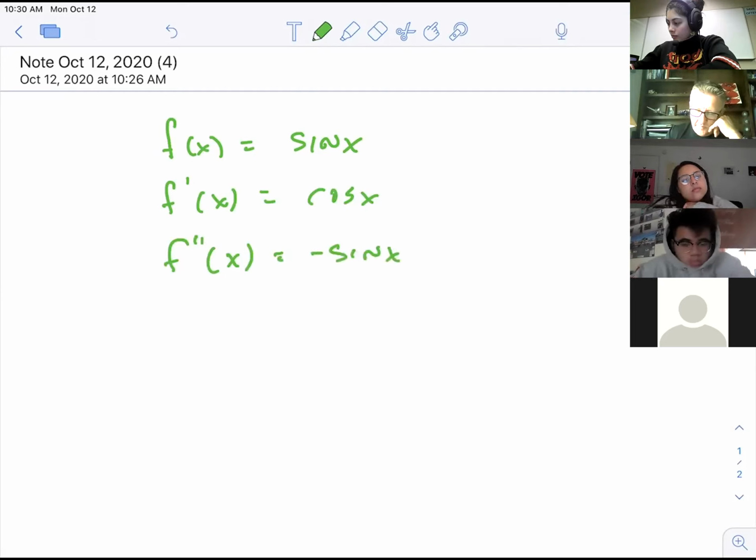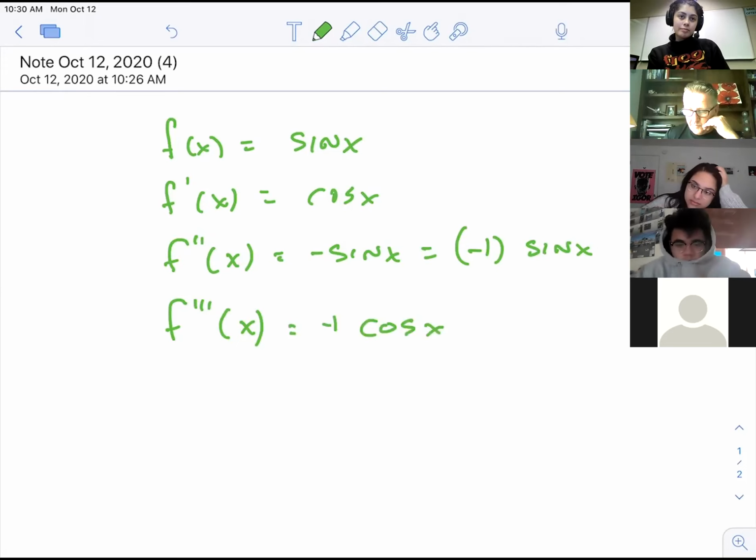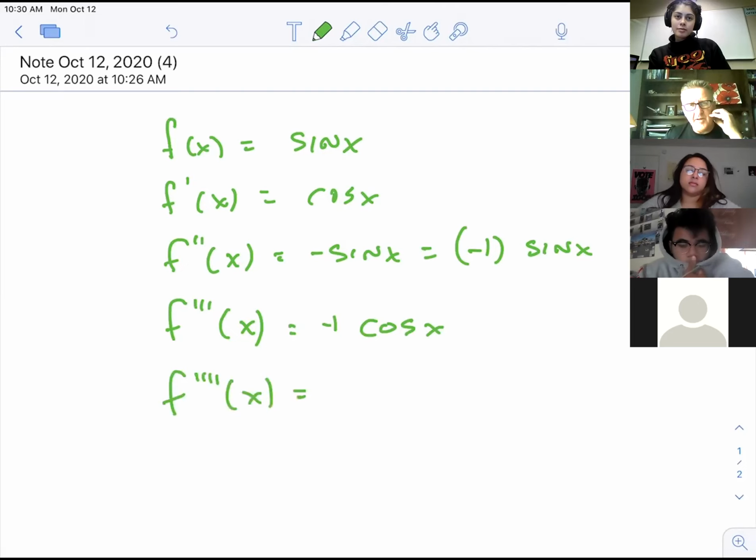But then it said, okay, we'll keep going again. What's the derivative of minus sine? Well, remember that's like -1 multiplied by sine, and the constant just comes along for the ride. So the derivative of sine is cosine, and then there's still a -1 sitting out in front. Keep going. Four derivatives. It's the only kind of problem a math teacher would make up, right?